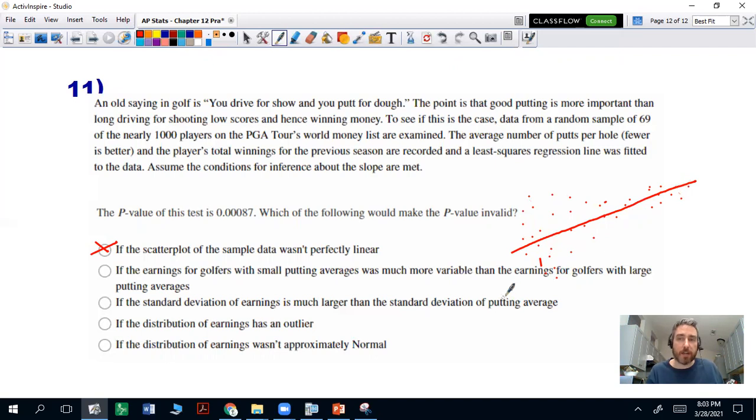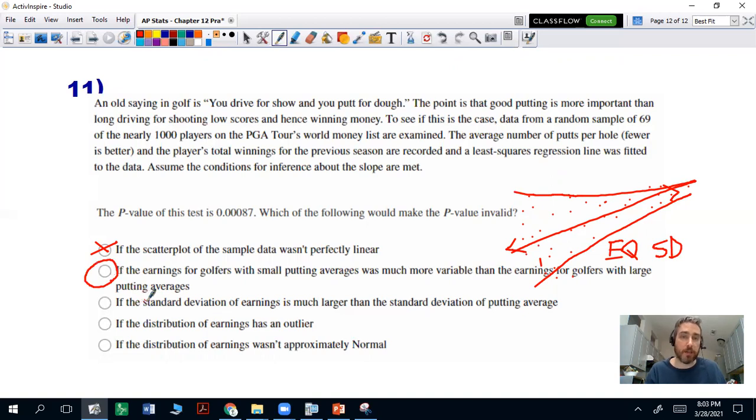That's not good, right? That's invalidating the equal standard deviations rule. Equal standard deviations means we don't want something like that going on with your residuals. So that's going to be your answer. That's going to invalidate all these numbers.